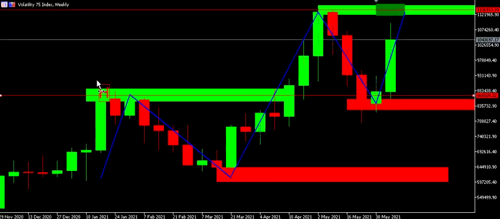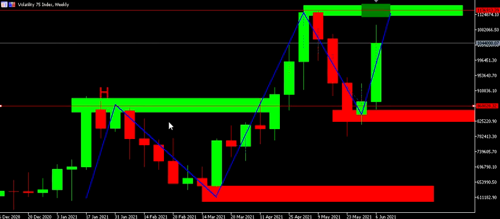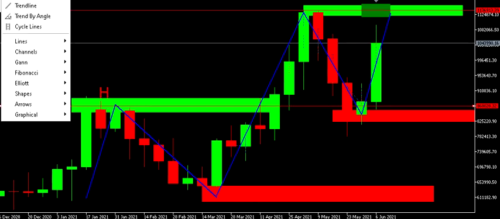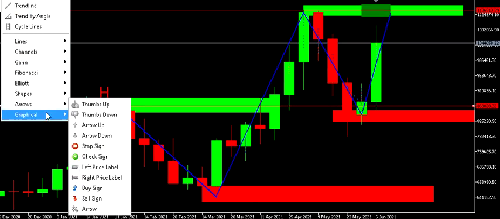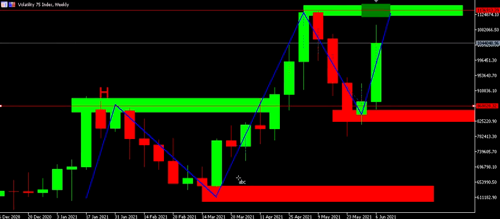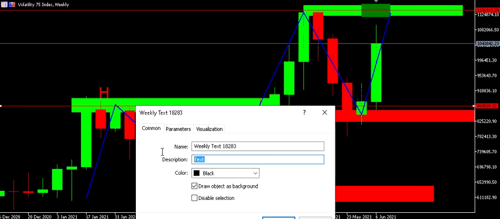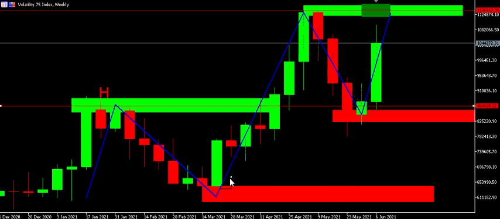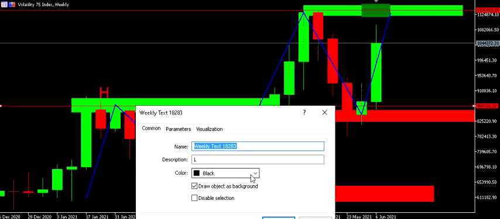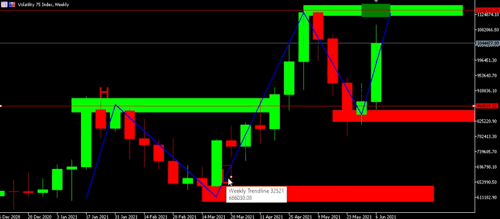We have our high. Then we have our low around here. I'll label it L and change the color to red. We have our low around here.